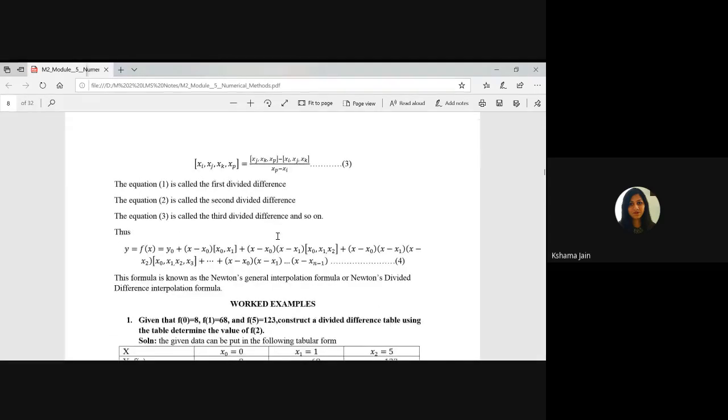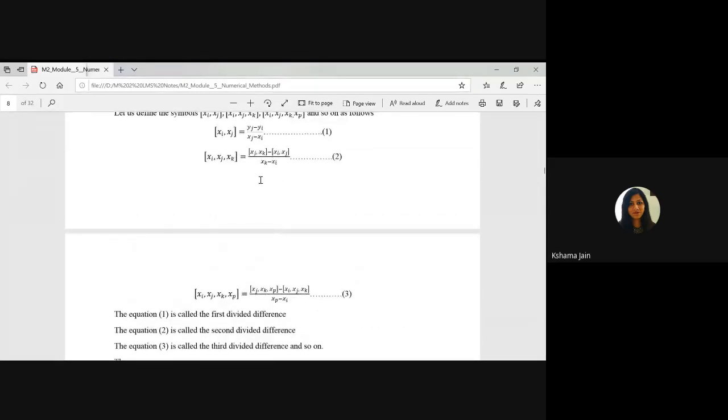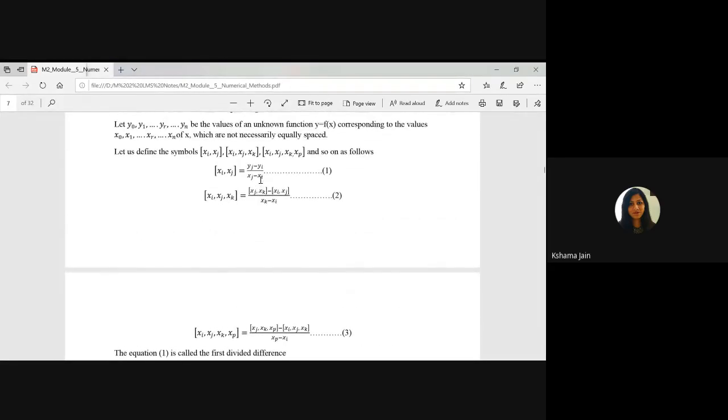These were for finding the values of [x1, x2]. This is not the formula for y, because ultimately we need to find the value of y at some value of x.